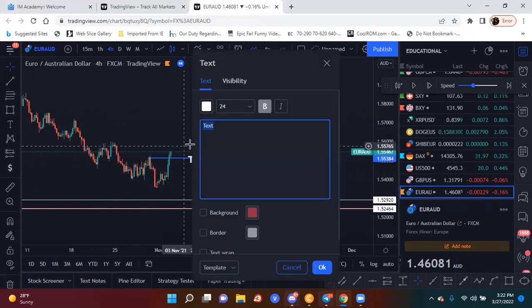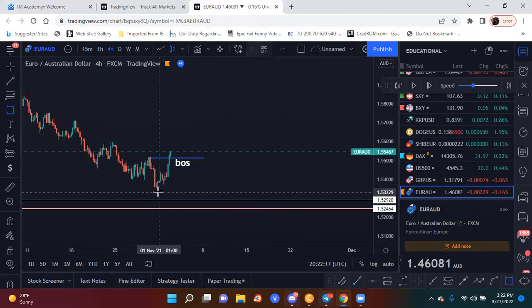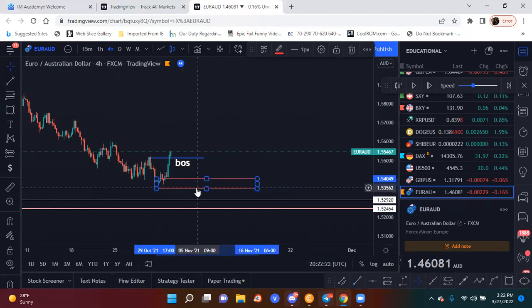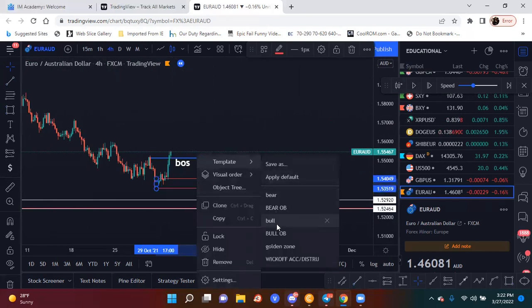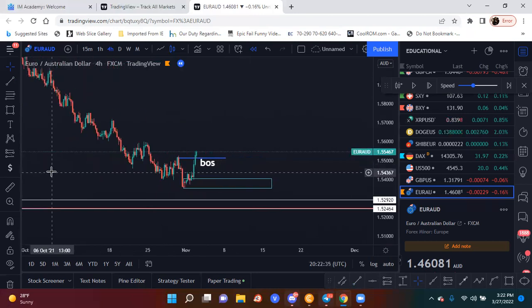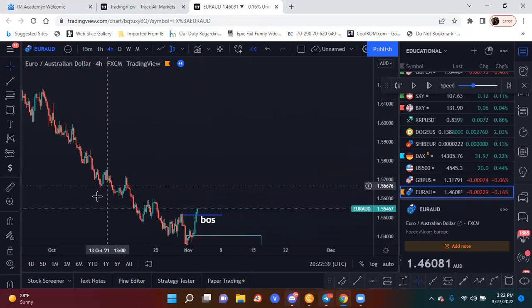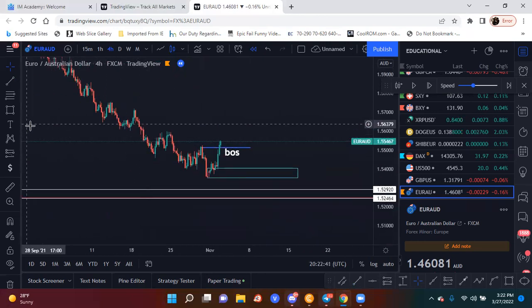Sometimes things don't work out. BOS breaker structure right here. The last bear candles are down here. So if it comes down into the order block, then we take the buy. We work our way back up. I'm sure it's gonna come all the way back up and start retesting areas, but let's see.